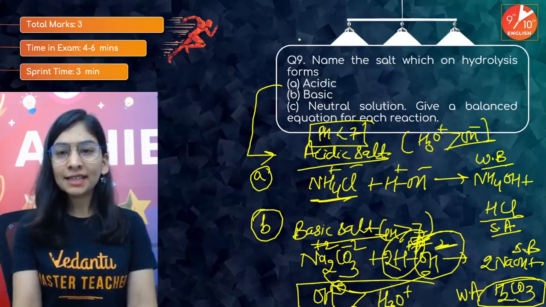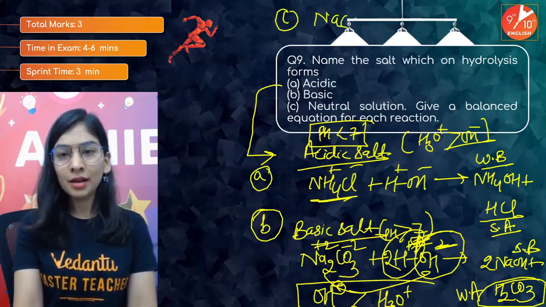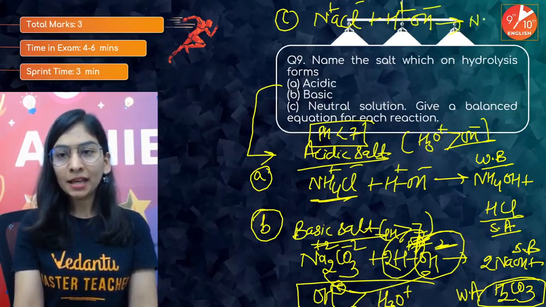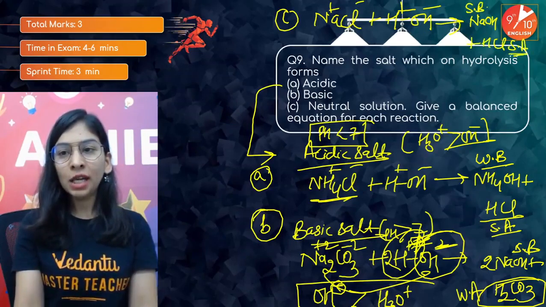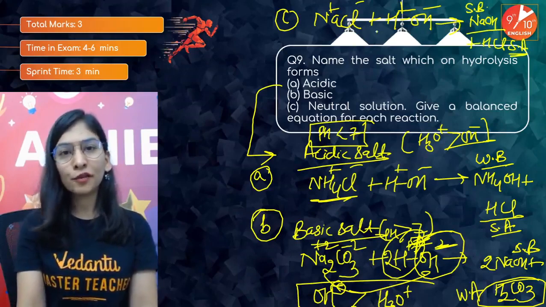Easy peasy. Let's see the C part, neutral solution. This is a very famous and very easy one: sodium chloride, your table salt. If you put it in water, H positive, OH negative, you can simply write H2O also. I'm just writing it to explain it in a better way. NaOH along with HCl: strong base, strong acid. And I've taken equimolar concentration, the same number of moles.